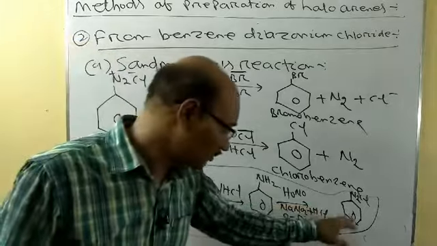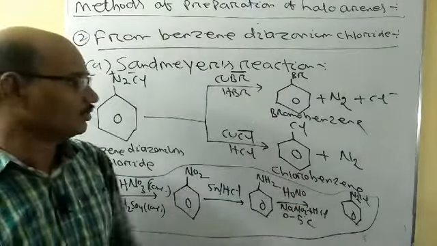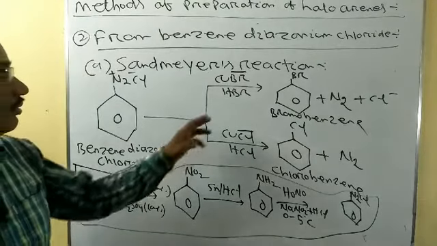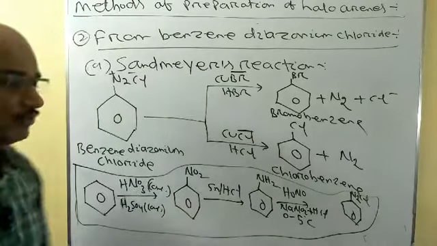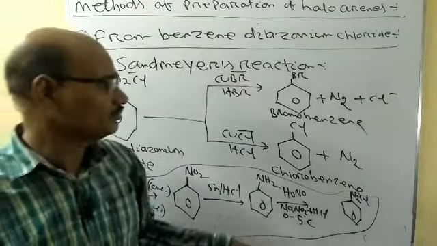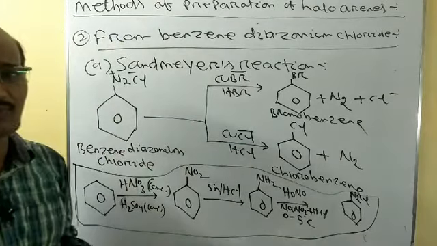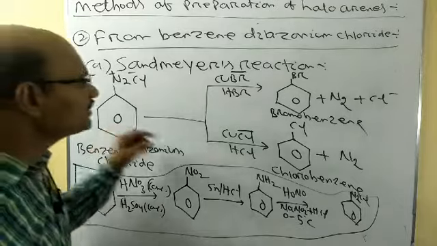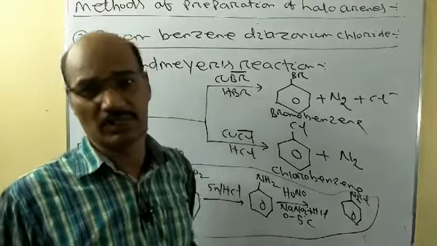Now from this benzene diazonium chloride we can prepare bromo and chlorobenzene, and this reaction is called Sandmeyer's reaction. This formation of chloro and bromobenzene from BDC we can also do in a better way, by replacing the copper halide simply by the copper metal.